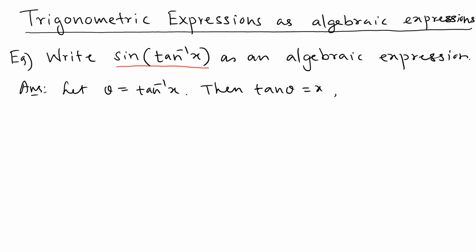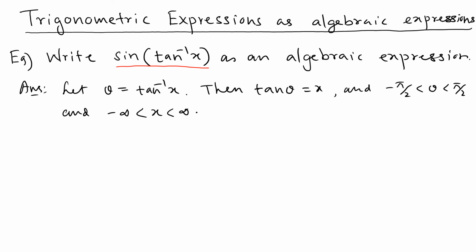By the definition of tan inverse, theta is in the interval negative pi over 2 to pi over 2. That's very important. Also x goes from negative infinity to positive infinity.